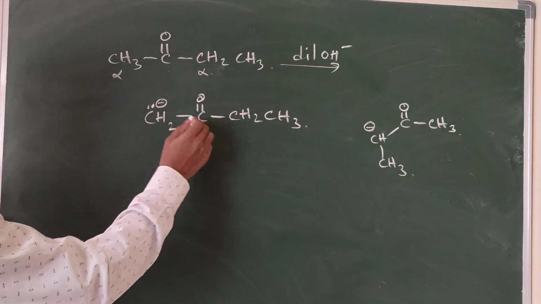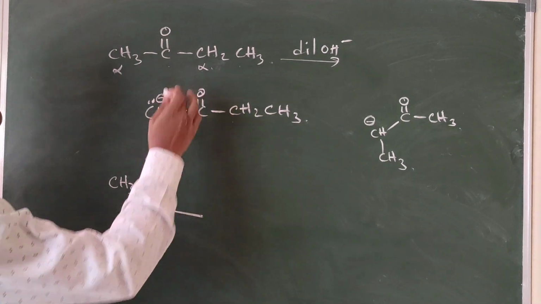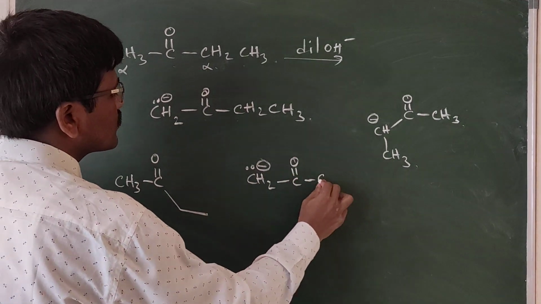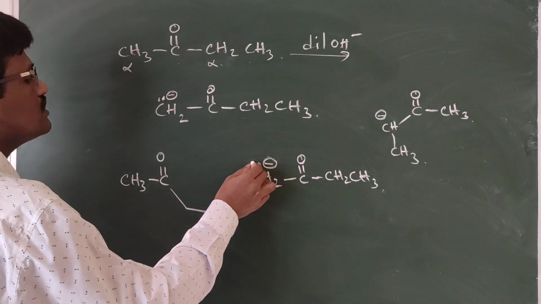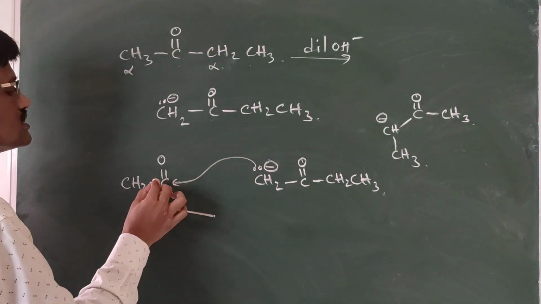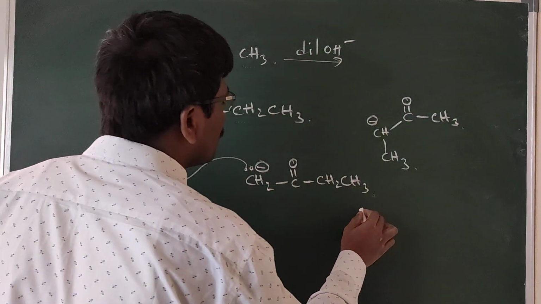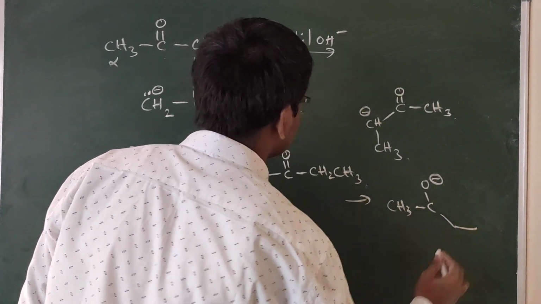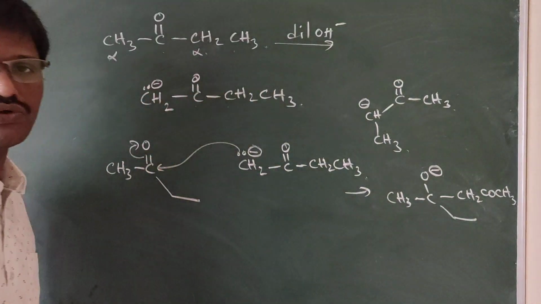That is, when this enolate ion attacks another molecule of ketone. This enolate ion acts as a nucleophile, stabilized by resonance. Now this enolate ion attacks the carbon-oxygen double bond, and the pi electrons are transferred to the oxygen. Here the product will be CH3 CO minus, CH2 CO CH3.